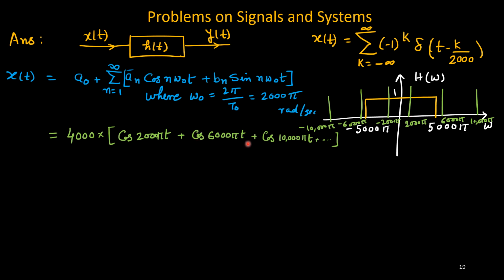Similarly, I'll have another spike at 6000 pi here, and 10,000 pi, like that. So even more. Similarly for the negative side and left side also. Okay. So within this band, minus 5000 pi to plus 5000 pi, only this frequency will exist, 2000 pi, and that can pass through.